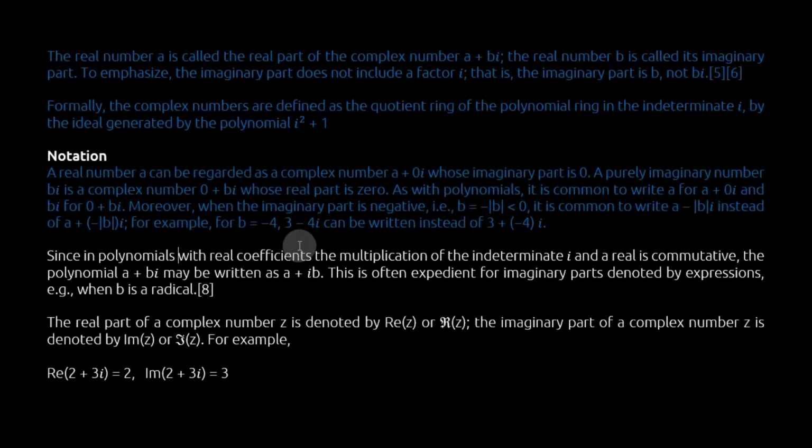Since in polynomials with real coefficients, the multiplication of the indeterminate i and the real is commutative, a plus bi may be written as a plus ib. This is often expedient. It's commutative.